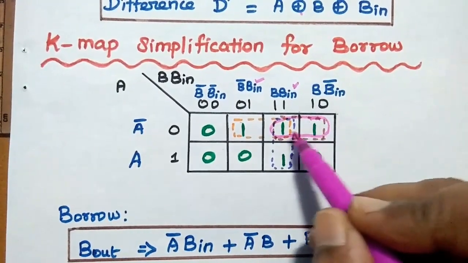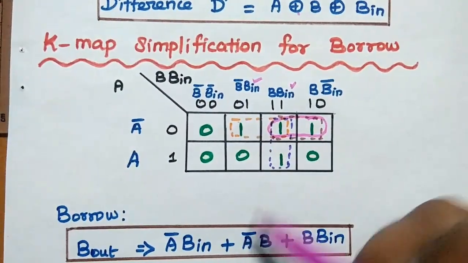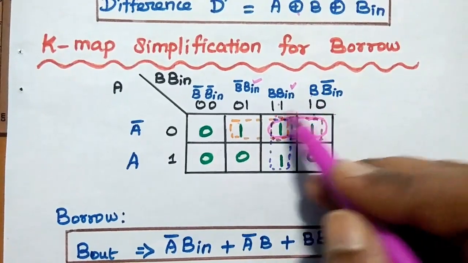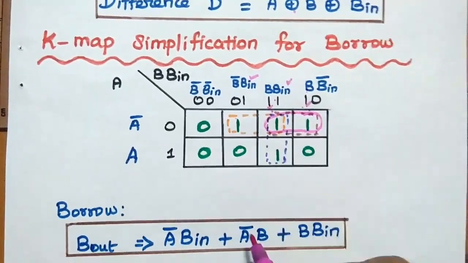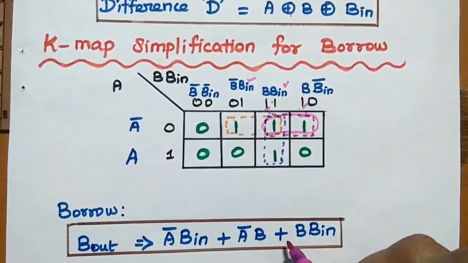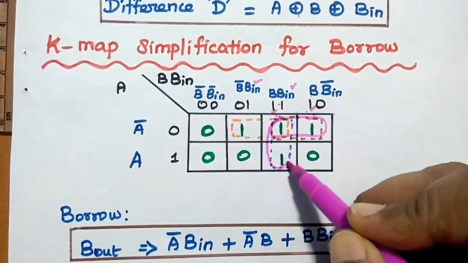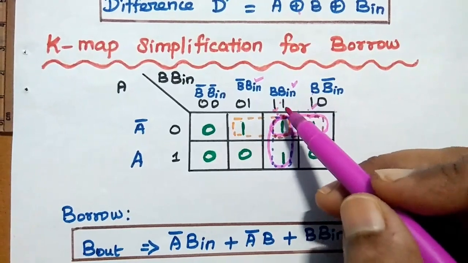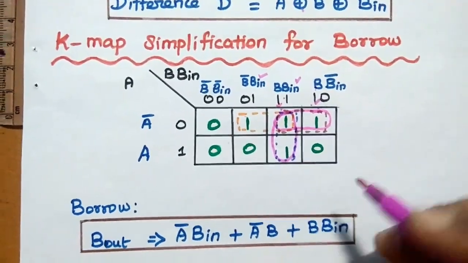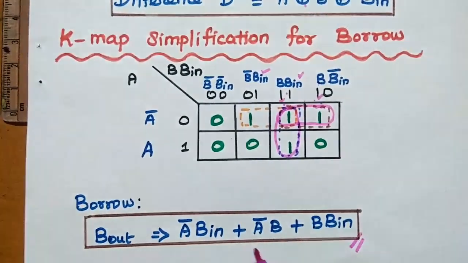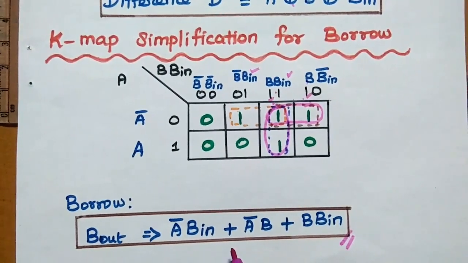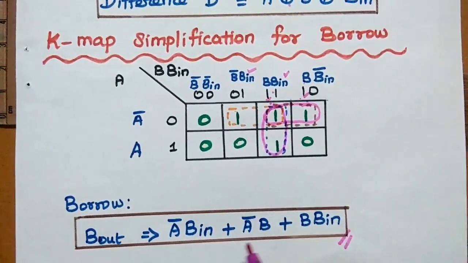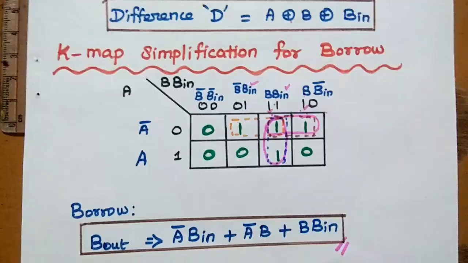For these two bits, the common term is A bar and the common term is B. So we can write A bar B plus, and the last group. In this one, the common terms are B, B in. So we can write as such. This is the Boolean expression for the borrow of the full subtractor.